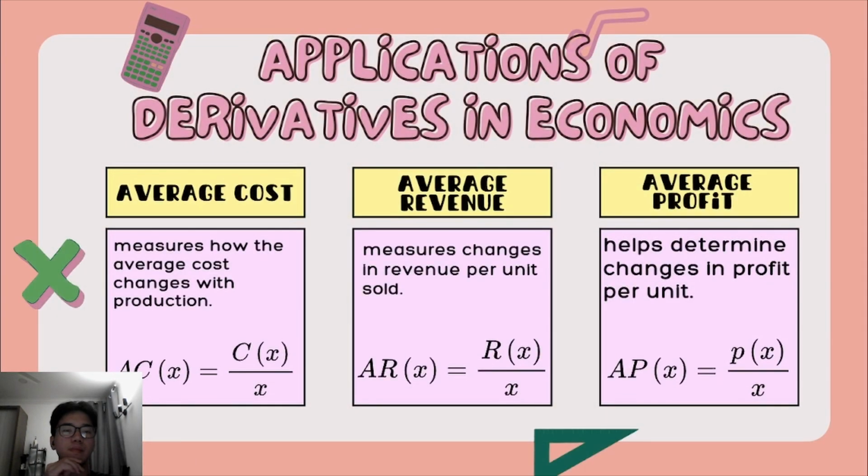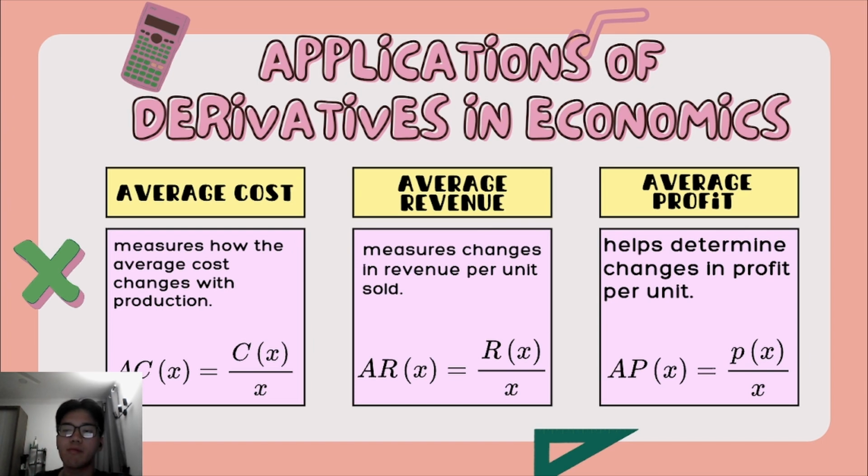The fourth is the average cost, which measures how the average cost changes with production. As you can see, the formula is AC(x) equals C(x) over x. The fifth is the average revenue, which measures the change in revenue per unit sold, and the formula is AR(x) equals R(x) over x.